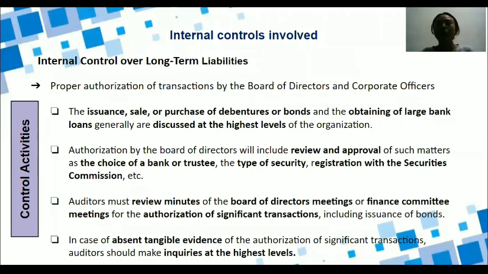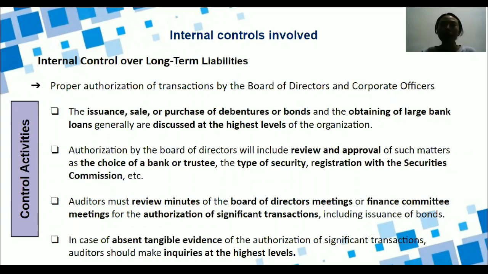Now I would like to present about the internal controls involved. As we all know, internal controls have 5 main components. And for this cycle, I will focus more on the control activities. Proper authorization of transaction by the board of directors and corporate officers.